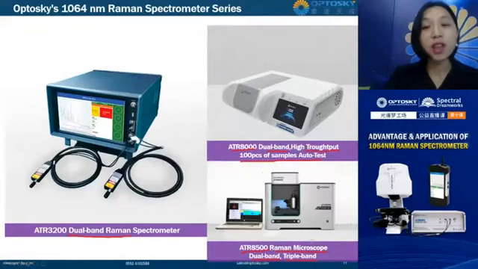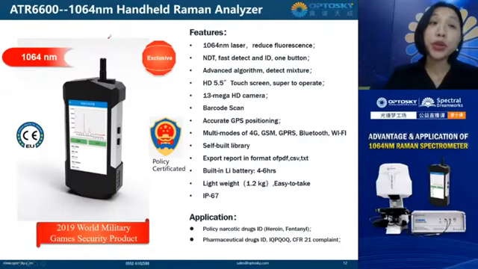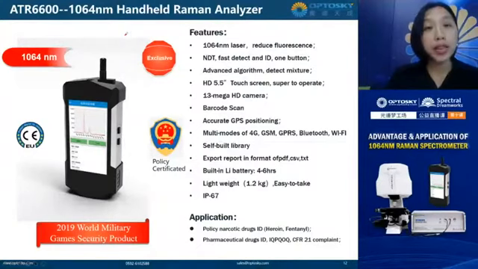It's one of the highest performance Raman microscopes till now. Next, we will introduce each model of our 1064 Raman spectrometers more specifically, so you can have a more detailed understanding of our handheld Raman spectrometers.